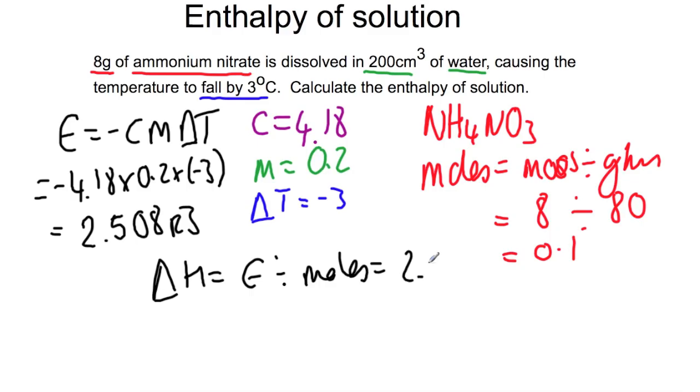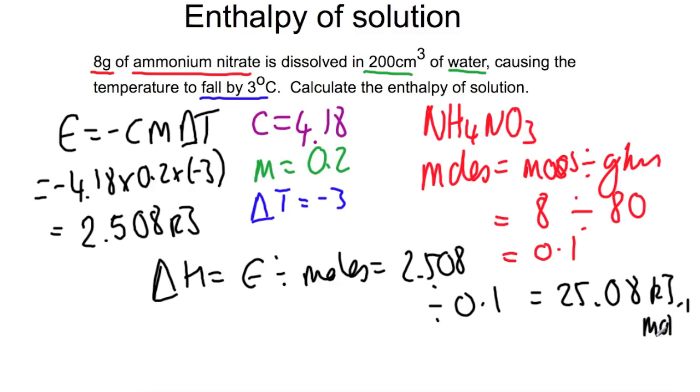So that's going to be 2.508 divided by 0.1 to give us 25.08 kilojoules per mole. So this is an endothermic energy change. When ammonium nitrate is dissolved in water, you have a temperature fall, so you would expect to have a positive value here.